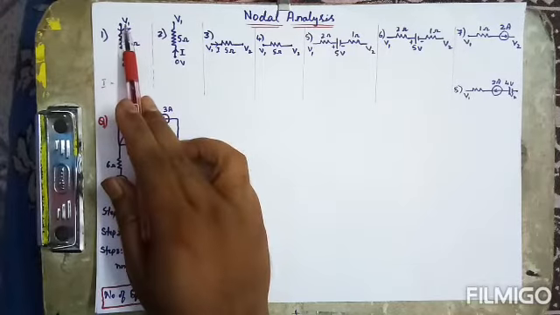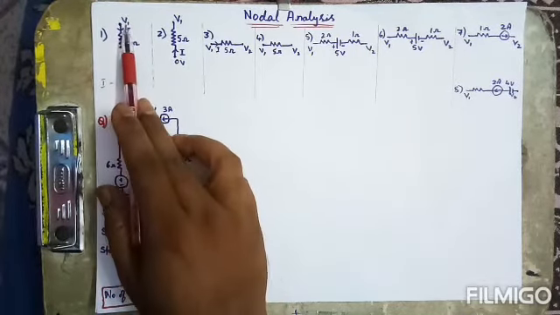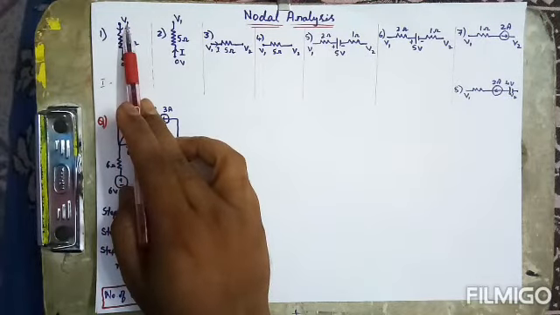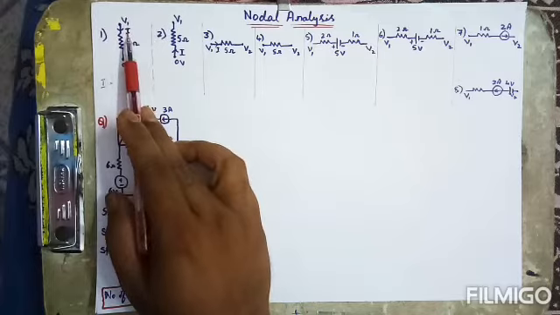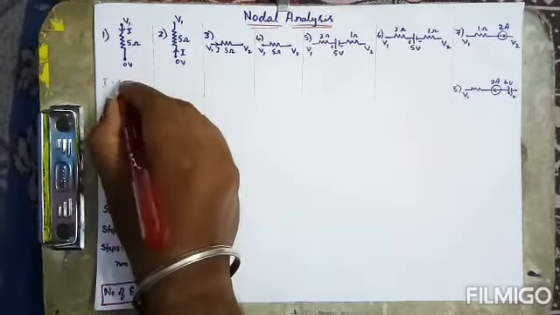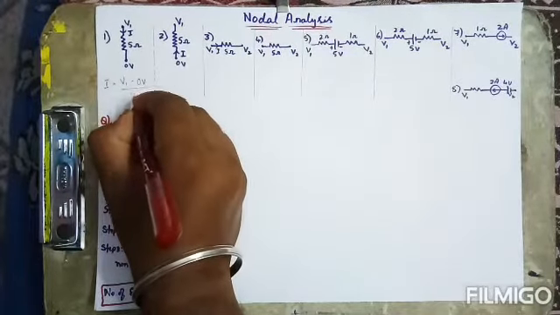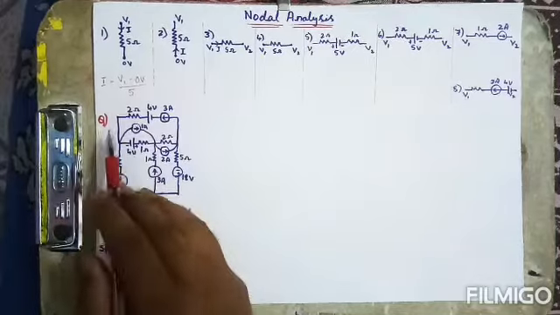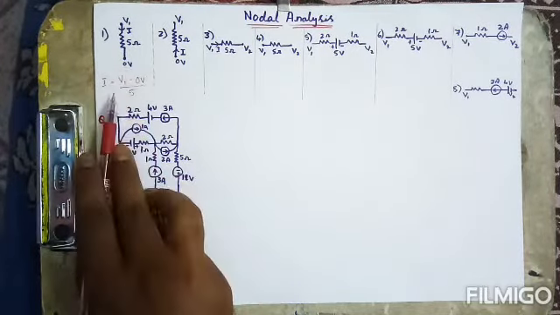The voltage at this end is V1 and at this end is 0, and current is leaving from this end. So first you need to consider the voltage from where the current is leaving. I can write this as V1 minus 0 volt divided by 5 ohm. This will be the expression for the current if this is the branch available in the circuit.